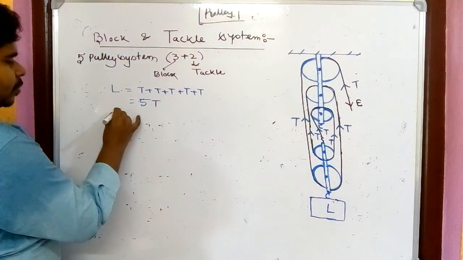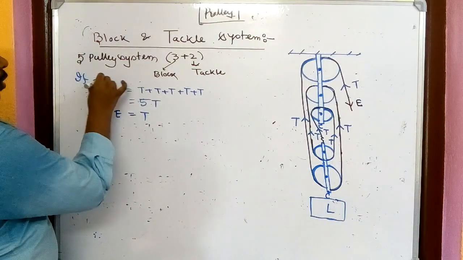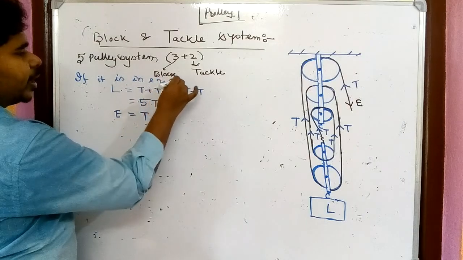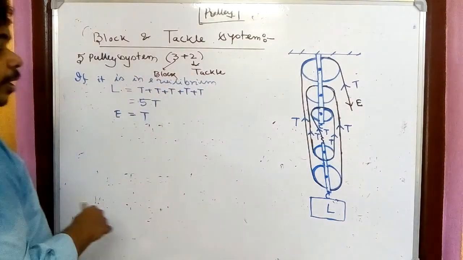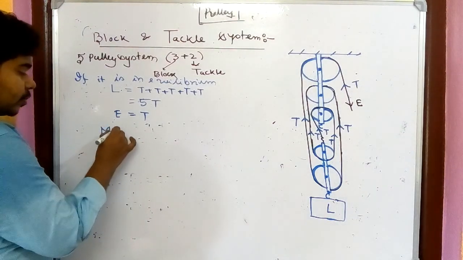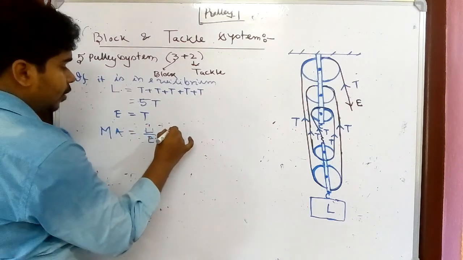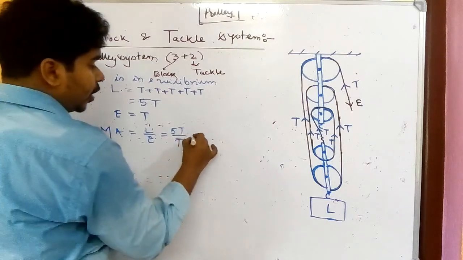And effort is only T. If it is in equilibrium, the same thing we have to write. Now, mechanical advantage, load by effort, that is 5T by T, that is 5.